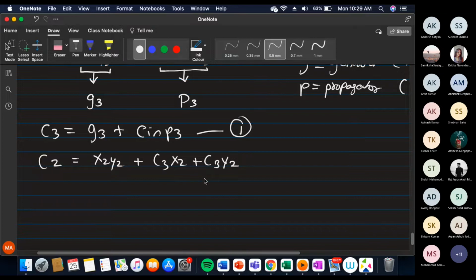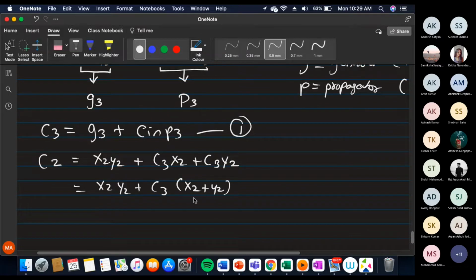Again, I can take C3 common, so it would be x2 y2 plus C3 times (x2 plus y2). Can I call this as G2 and this as P2? Can I do that? Yes, sir. So this will become G2 plus C3 P2.